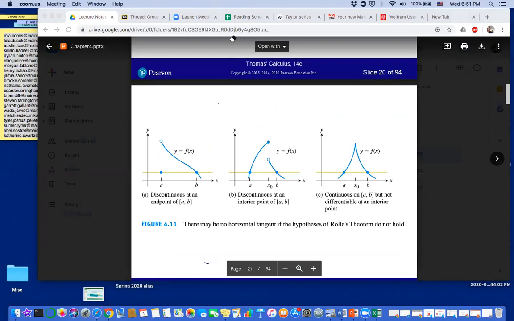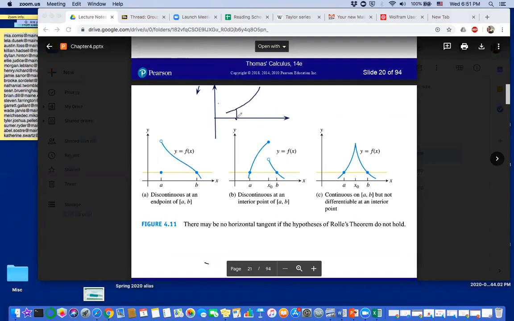Okay, and let me draw one more problem for you, and it's going to be a completely different condition failing. Like this, like that. Okay. All right, so what if I have something that looks like that?